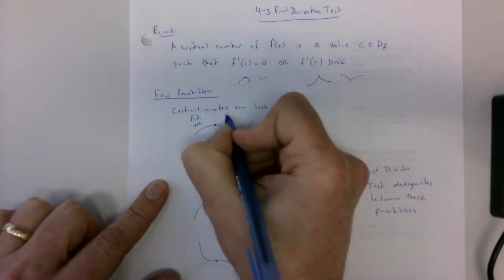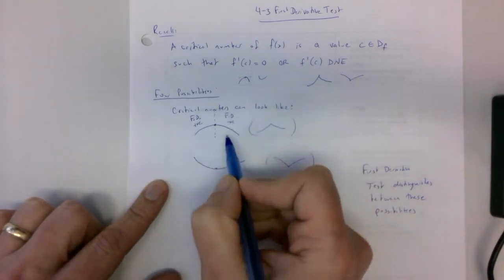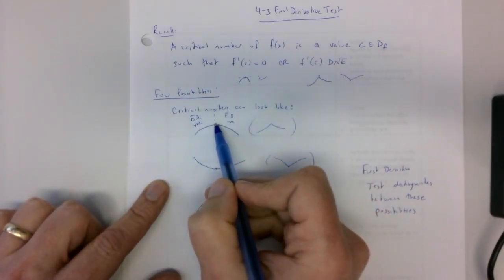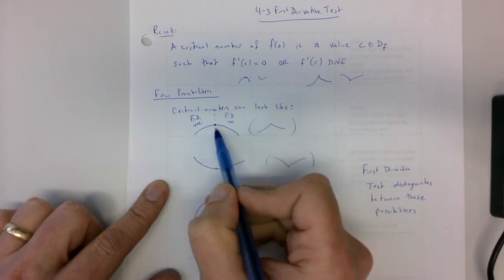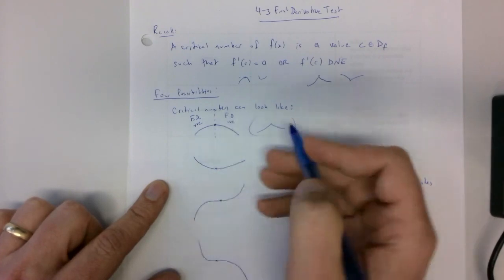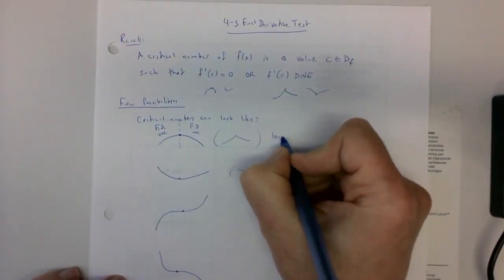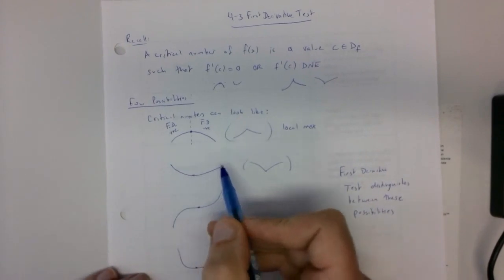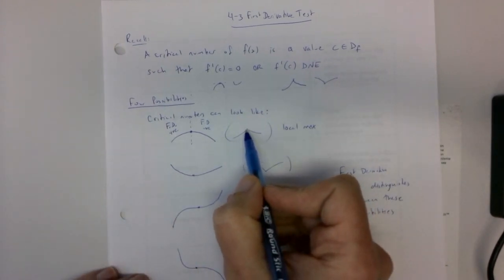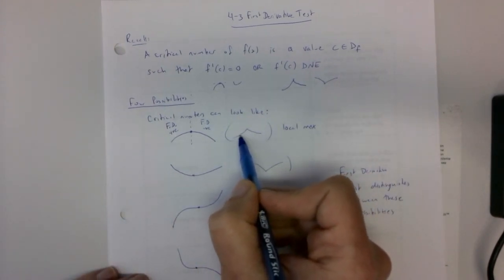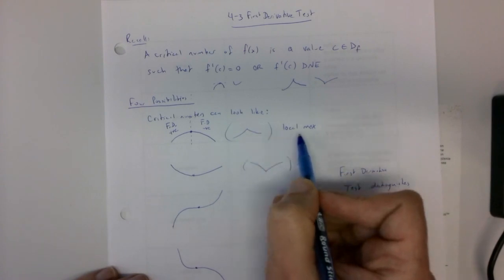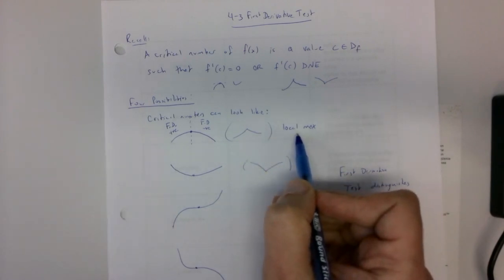On the right, the first derivative is negative. When I have that situation, the first derivative is positive, and then after some turning point it's now negative, that would mean that this would have to be a local max. This would be true also for a case where it comes up to a cusp like this. Here as well, to the left, the first derivative is positive, and then afterwards the first derivative is negative, which means it would be a local max as well.